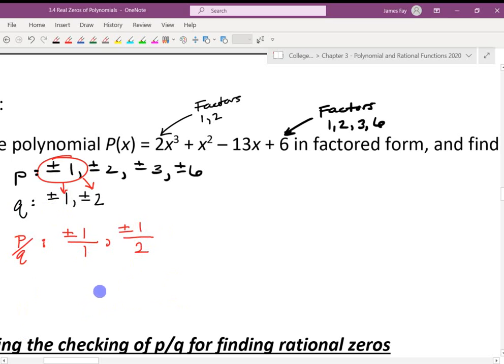Is that okay? Now, you only need 1 plus or minus with each of these, just because of the way a plus or minus numerator and a plus or minus denominator work out. You're still only going to get 2 results, plus or minus 1, plus or minus 1/2 in this case. Now you do the same thing with the next P value: plus or minus 2 over 1, and plus or minus 2 over 2.